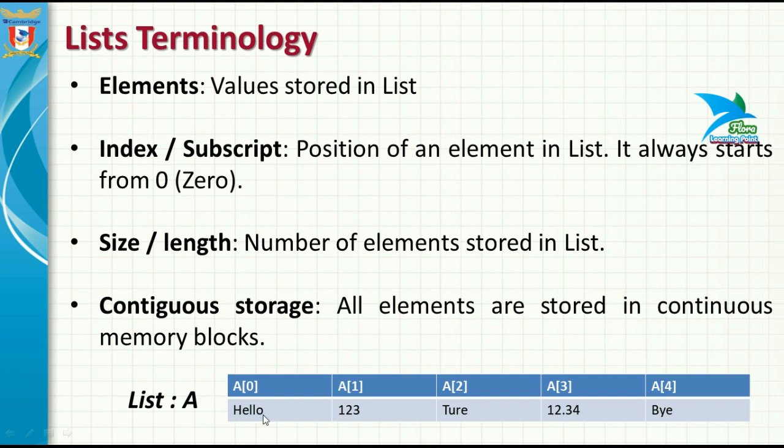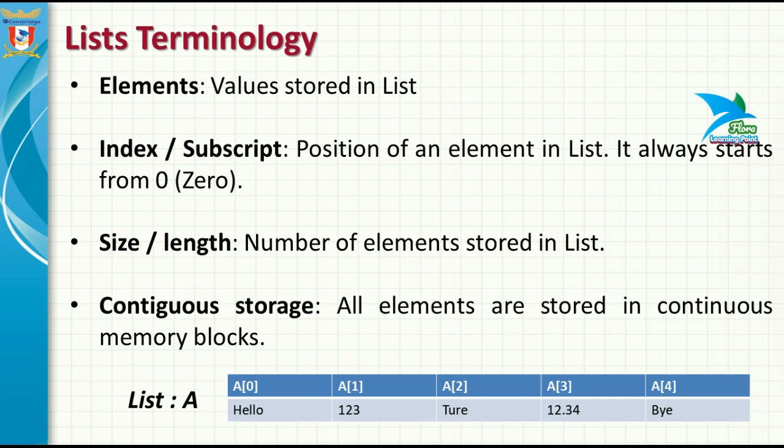For example, in the first memory block we store the element hello, in the next memory block 123 is stored, and in the next memory block true is stored. But variables are always stored randomly.